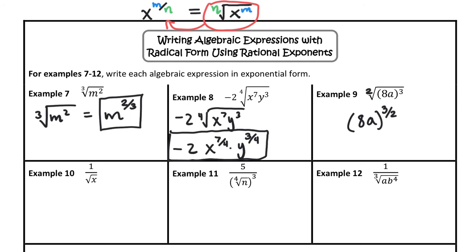So 8a changes to a fraction of 3 over 2, following this model again. That's it. Again, the thing we wanted to remember in number 9 was if it's not written, then we assume there's a 2 in front.